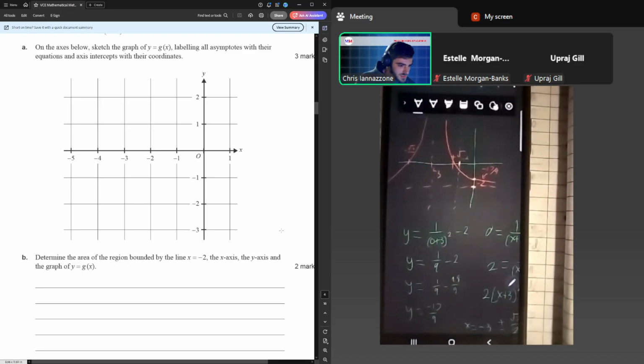Okay, so that tells us the line x equals -2. Now that we know that, there's other information there that could tell us what the shaded area is going to be calculated with.